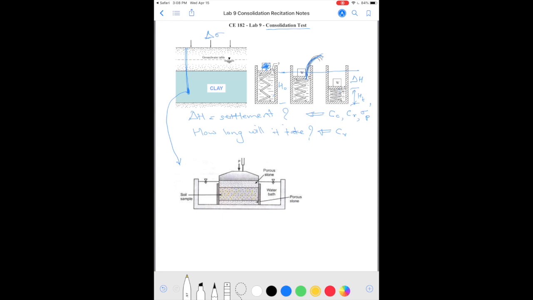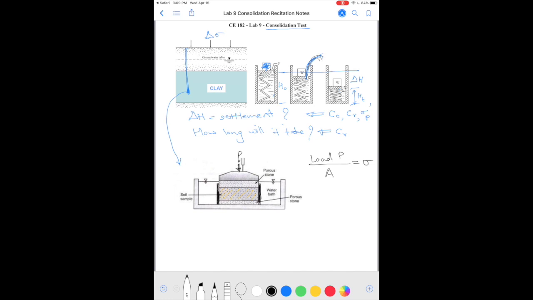Okay, so this is an apparatus where we have a ring that restricts the horizontal expansion of the soil sample. So under the applied load from the top, this force P, the load P divided by the cross-sectional area of the soil sample will give us the stress that we apply to the sample.